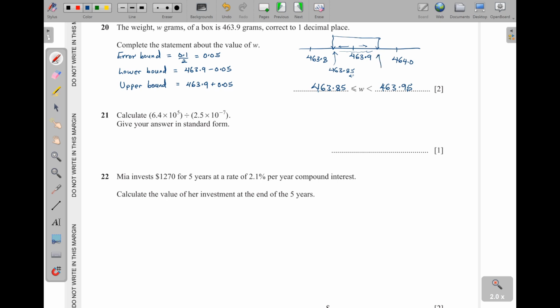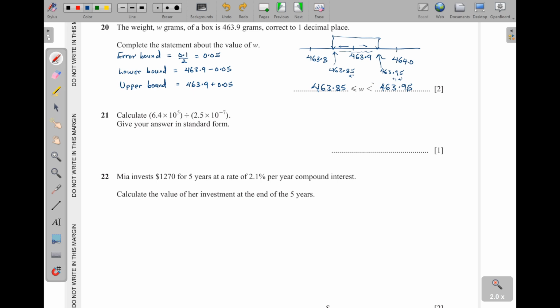But when I come to 463.95 and round it off to one decimal place, it will give me 464.0, so that number ceases to be 463.9.